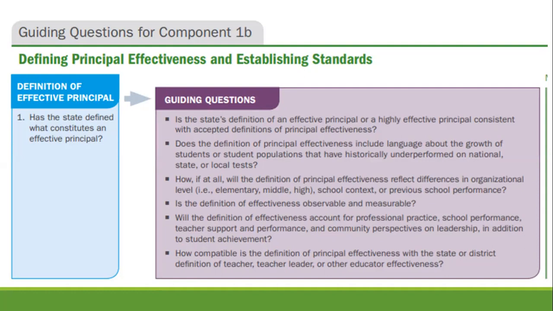Is the definition of effectiveness observable and measurable? Will the definition of effectiveness account for professional practice, school performance, teacher support and performance, and community perspectives on leadership in addition to student achievement?